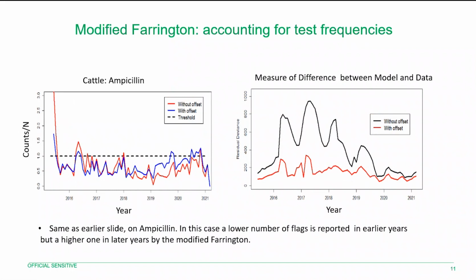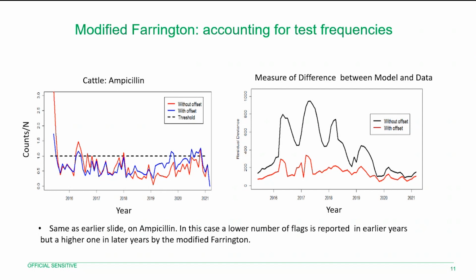I show you also another case here, again in cattle, but for ampicillin, where I still compare the two implementations of the algorithm. You see that the blue line in this case has more crossings of the threshold. But still, if we look at the measure of difference between model and data, the implementation with the offset is always closer to the data.